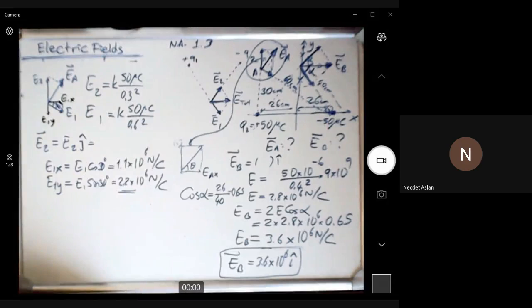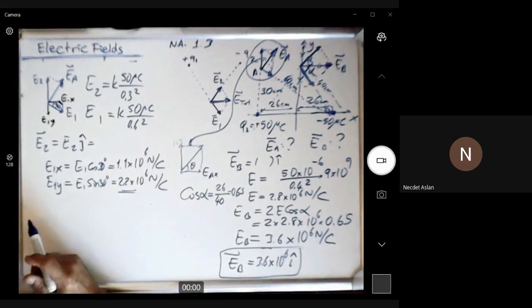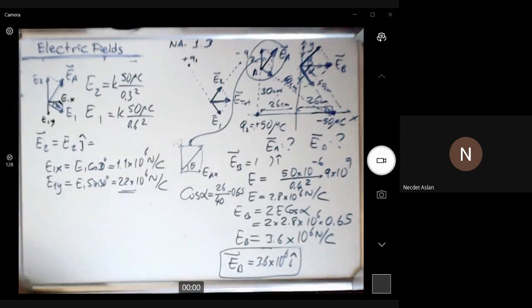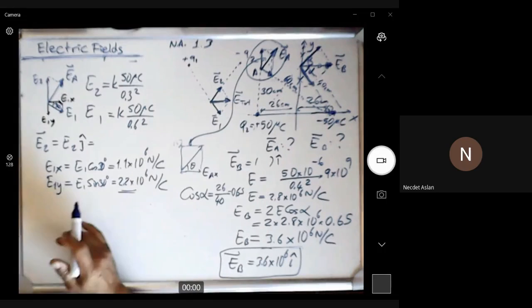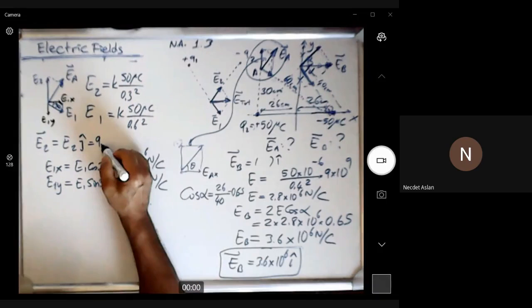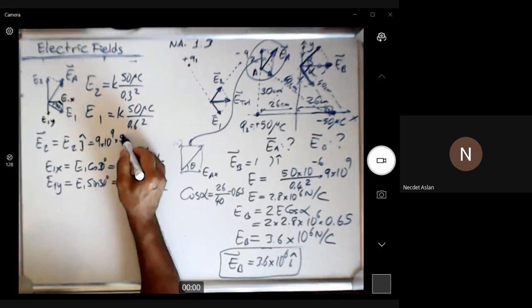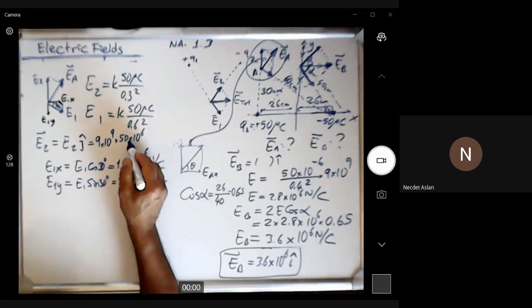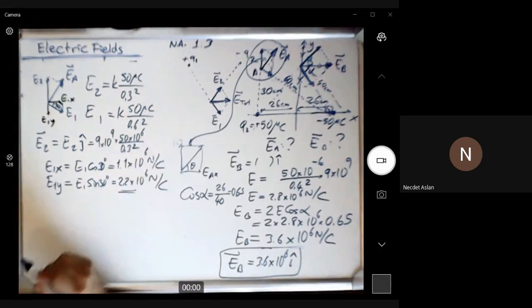Since it's only in the y direction, E2 is just 9 times 10 to the 9 times 50 times 10 to the minus 6 divided by 0.3 squared.